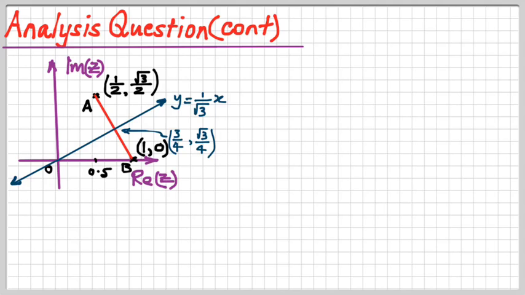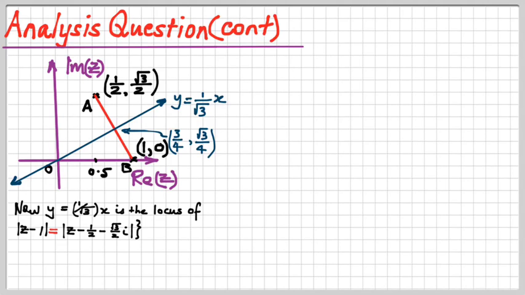Now, what am I trying to find? Let's just put this down on screen for you. y equals 1 over root 3x is the locus of where modulus z minus 1 equals modulus z minus a half minus root 3 over 2i.